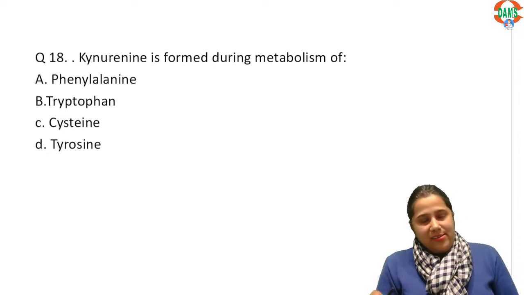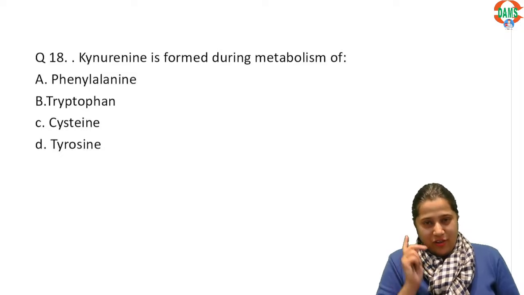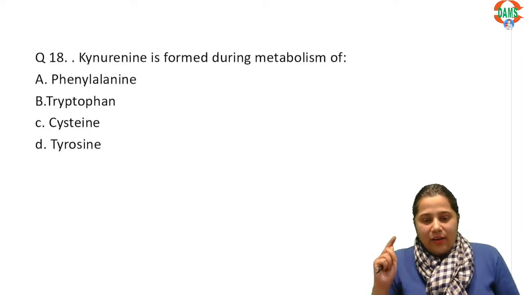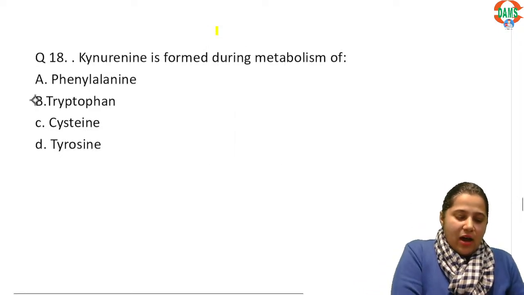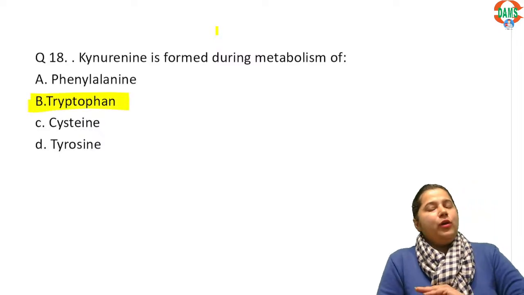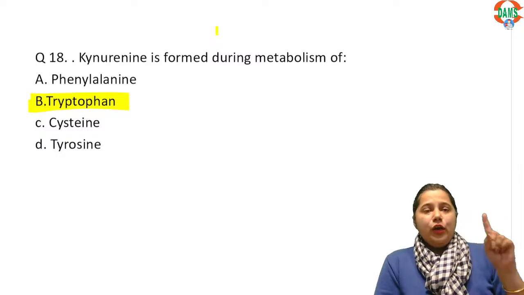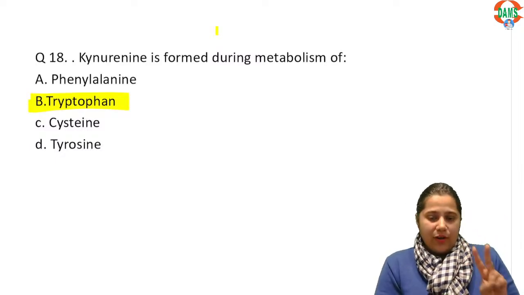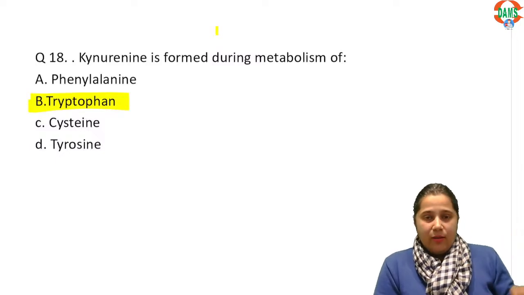Question number 18. It is very easy for you now. We just discussed. Kynurenine is formed during metabolism of tryptophan. Aromatic amino acids are way more important than all other amino acids for any examination. You must know the two sulfur containing amino acids, cysteine, methionine, their metabolic pathways completely.